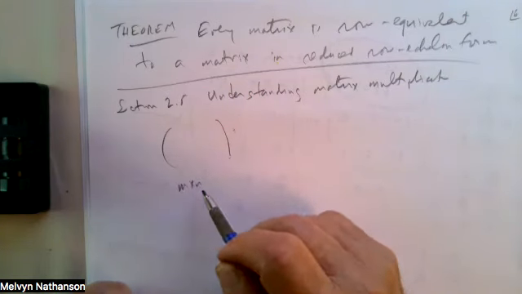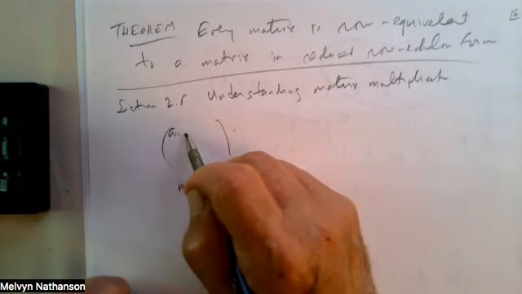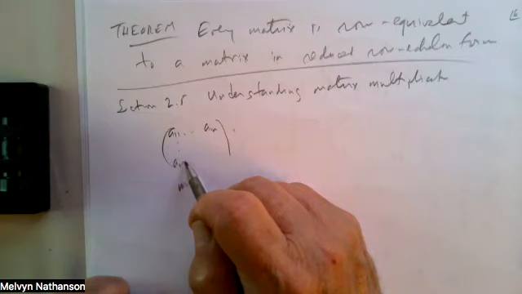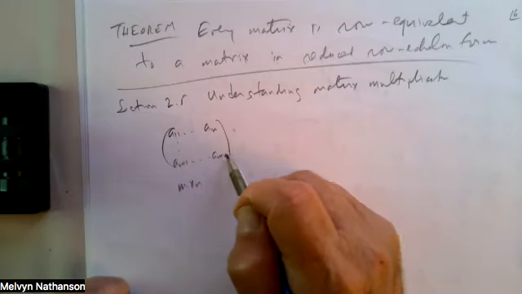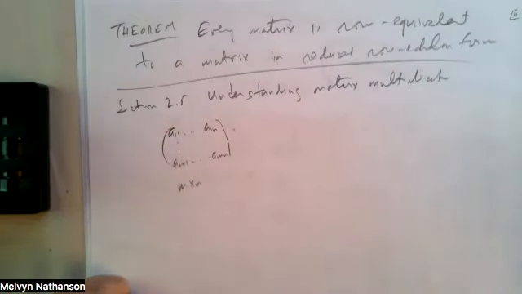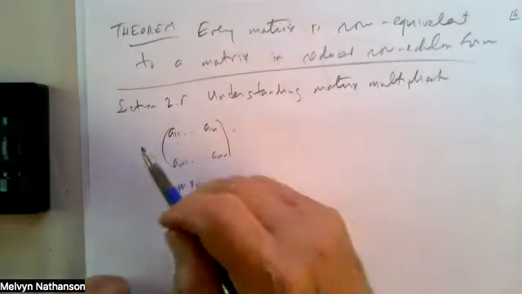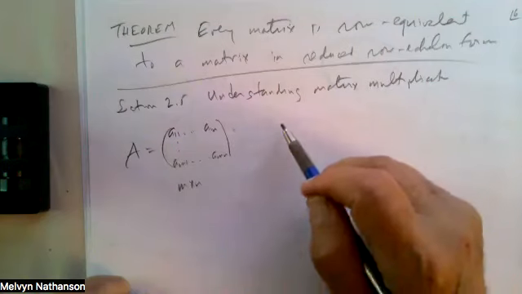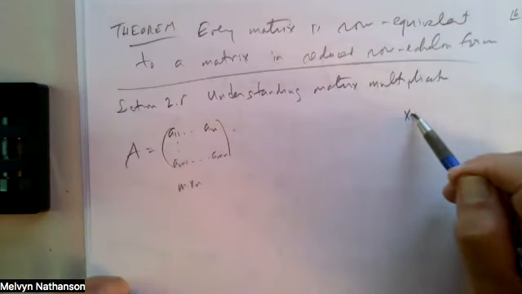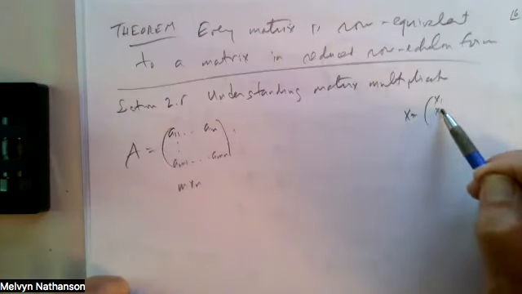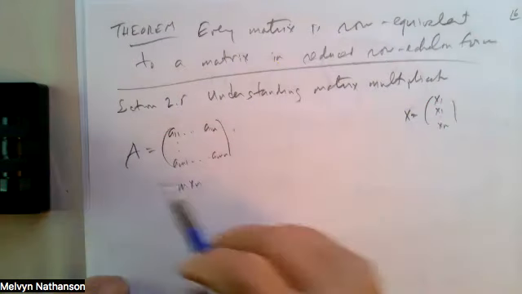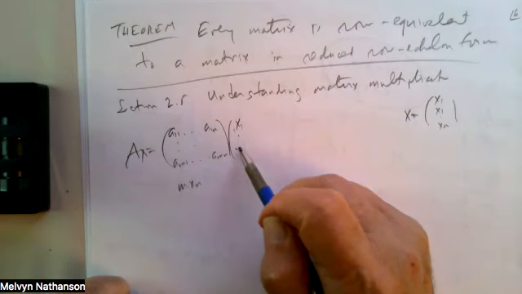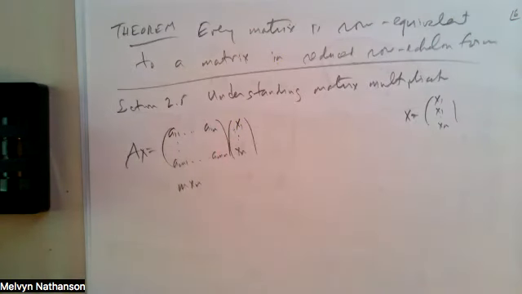So suppose this is an m by n matrix, A11 up to A1n, down to AM1 up to AMN. This is my matrix A, and I take a column vector x, x1, x2 down to xn. So Ax is going to be this matrix times this vector.